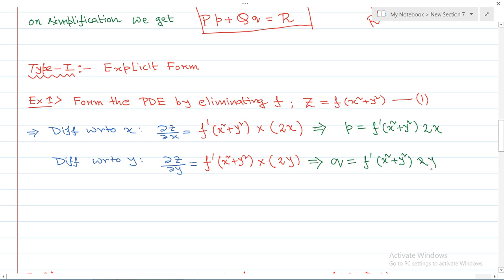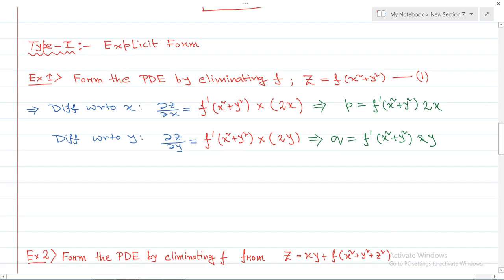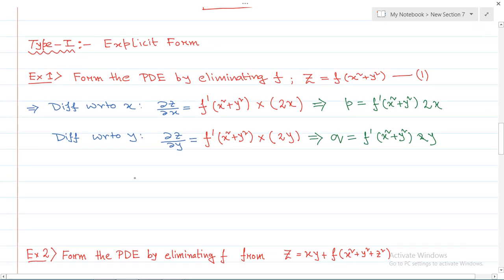Okay, so now we have to eliminate the f function. From these two terms you can easily understand f dash of x square plus y square. Say this is equation 2 and this is equation 3.